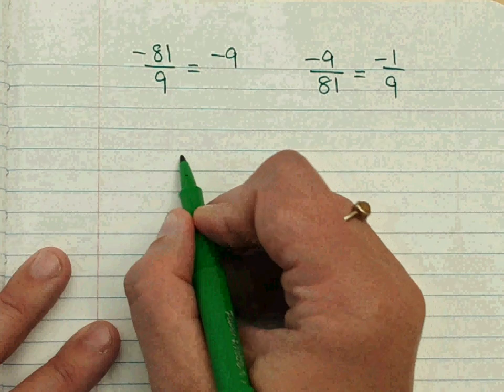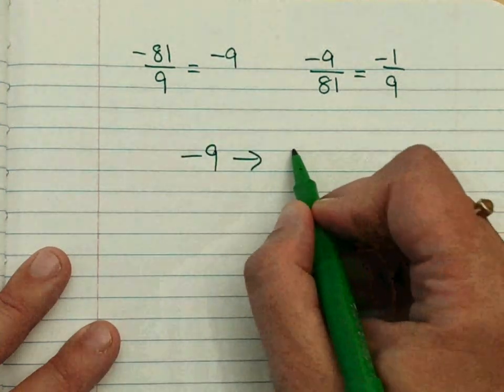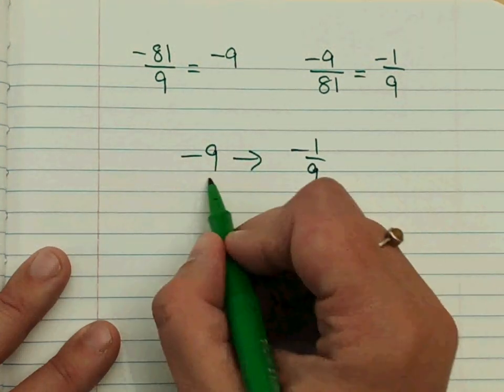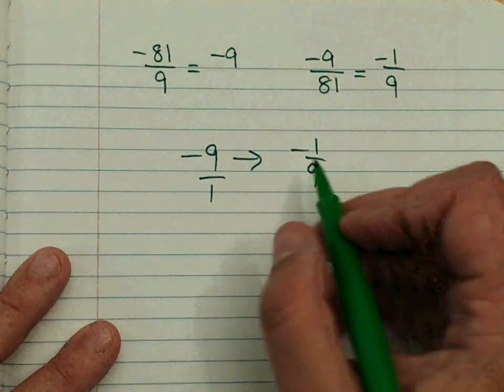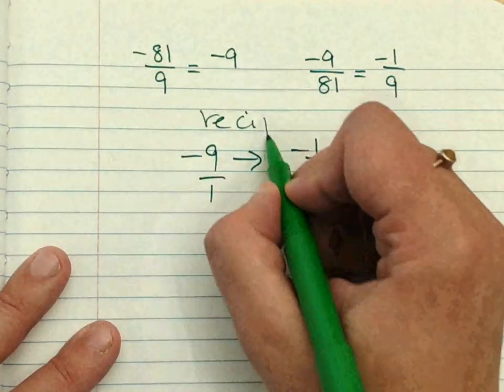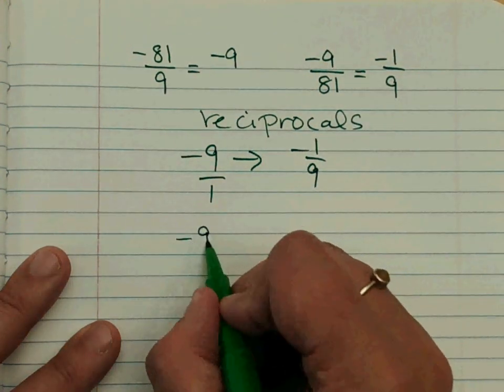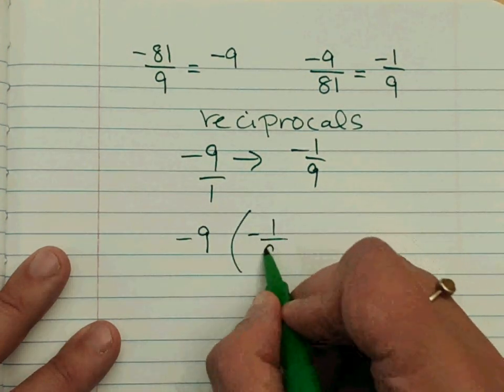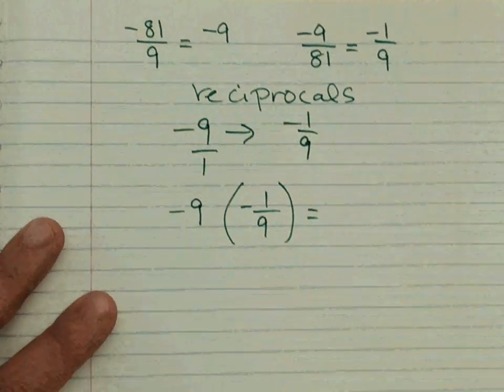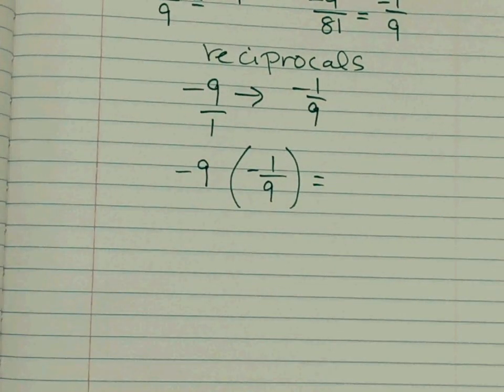These two numbers are called reciprocals. What would happen if I multiplied a number by its reciprocal? What do I get when I multiply a number by its reciprocal?